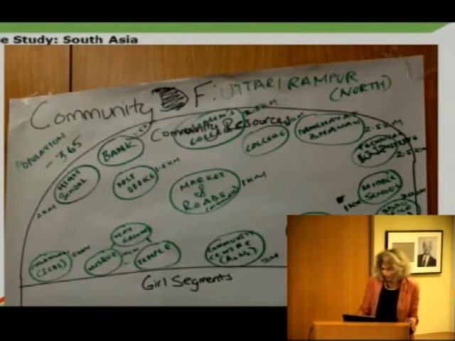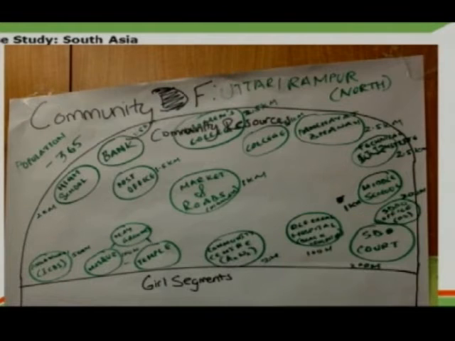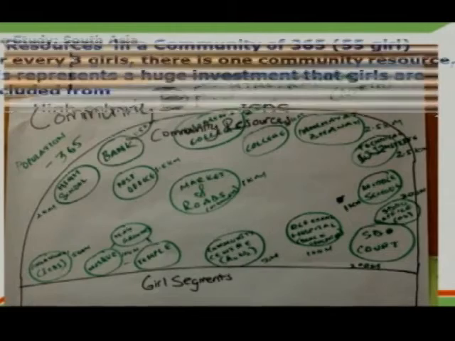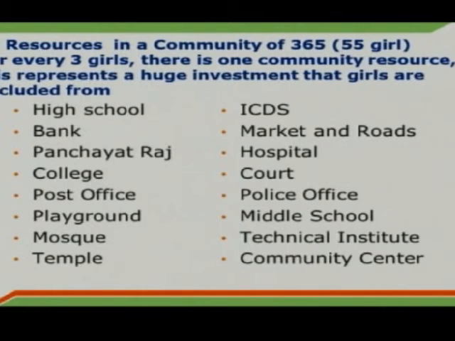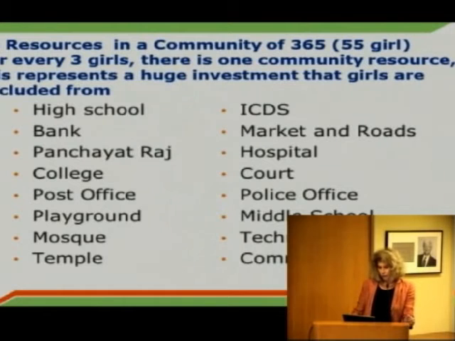This is a map that one of our partners in South Asia put together, and it was a very modest community. The community had 365 people in it, of which 55 were girls, more or less between the ages of 6 and 18. For every 3 girls, there was one community resource.